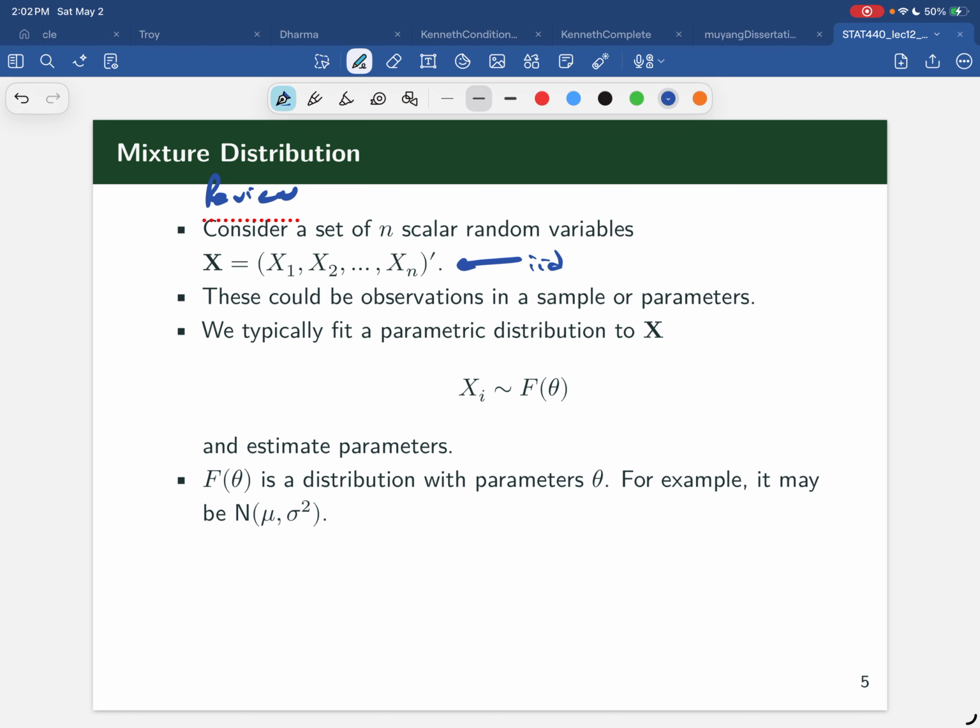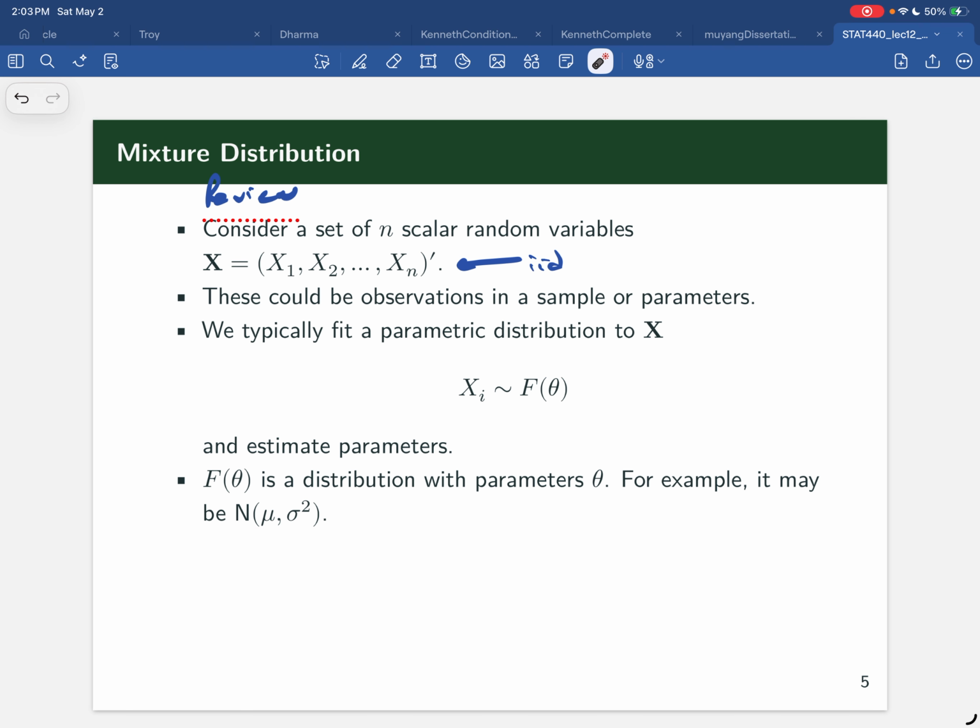So in statistics, what we often do is we will fit a parametric distribution to the data. So if things are normal, for instance, we work hard to find what the best mu is that fits the data, what's the best sigma squared that fits the data, and we call that fitted distribution our estimated distribution.